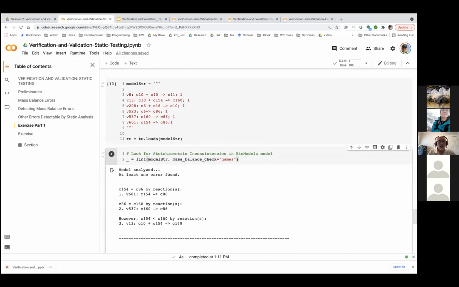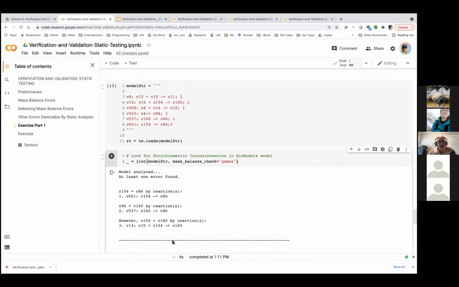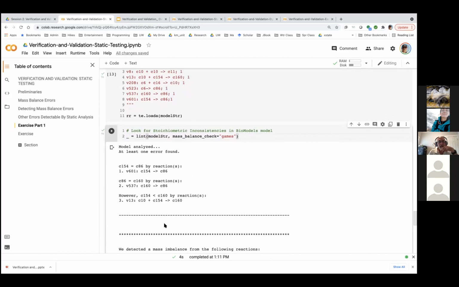Okay, so here's what it says. You've got at least one error. Because V601 says that these are the same mass, C154 and C86. And then we get that C160 and C86 are the same. So that means 154 and 160 are the same mass. But here, 154 is less than 160. So that looks reasonable.